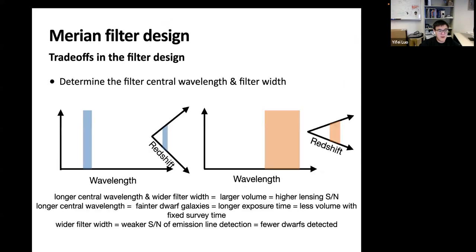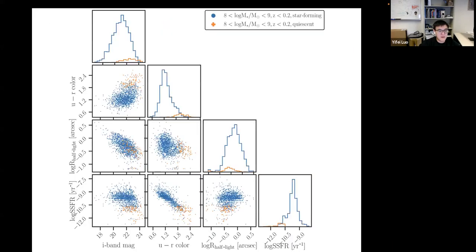Indeed, we are already probing some lower mass galaxies, like 10 to the 7 even, and some very extreme star-forming, low-mass galaxies, around 10 to the 6.8. But the thing is, they are not complete. I agree they are really interesting, so they could be follow-up targets.